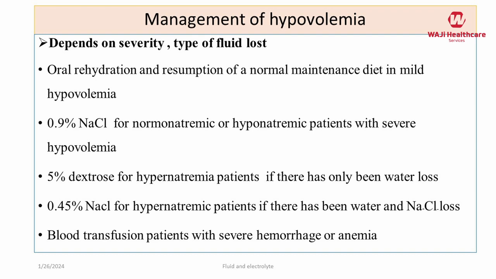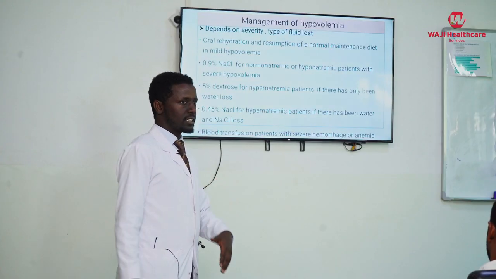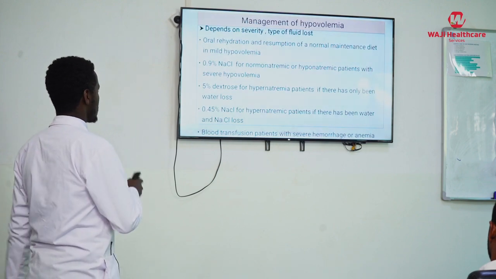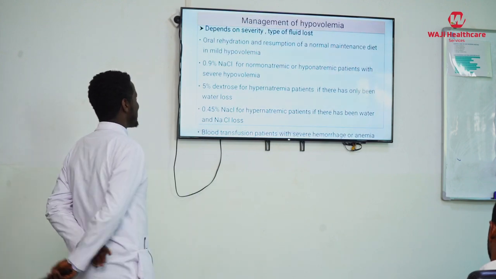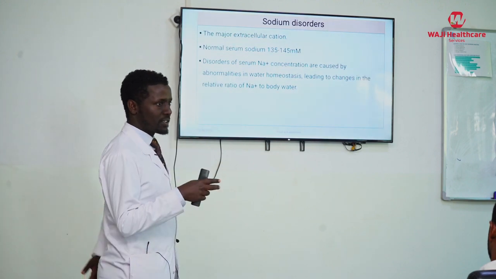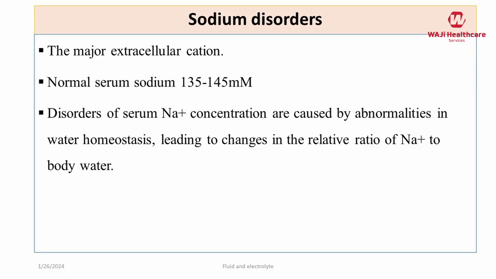And if the cause of the hypovolemia is hemorrhage or bleeding or anemia, blood transfusion will be the management or the resuscitation for normalization of the hypovolemia. So that is, in general, the management of hypovolemia. This is just to give a highlight on the volume management. So the next one is sodium disorder.